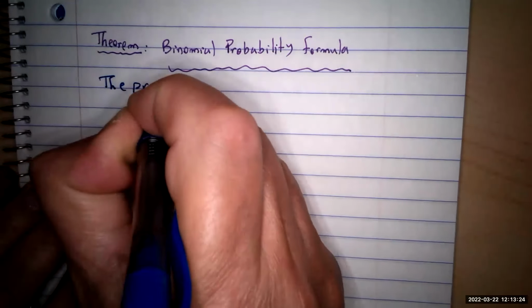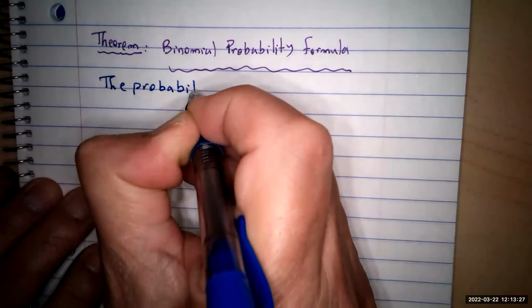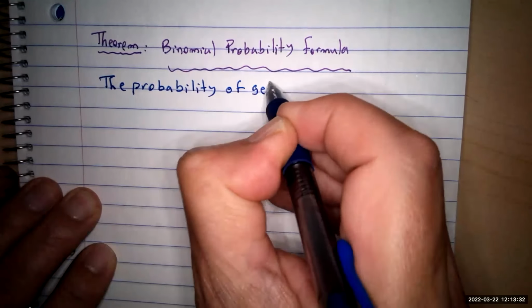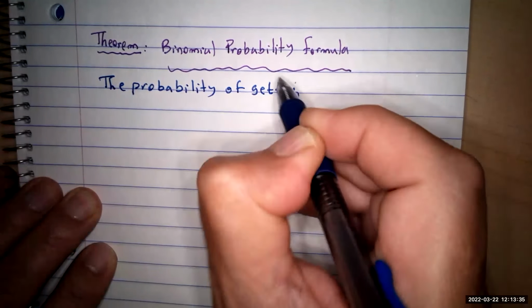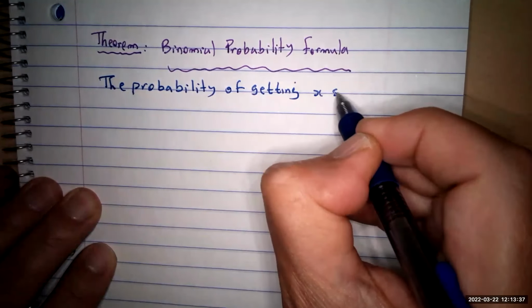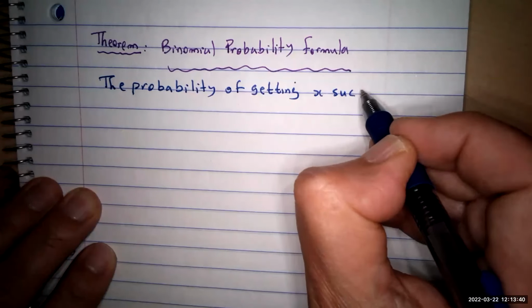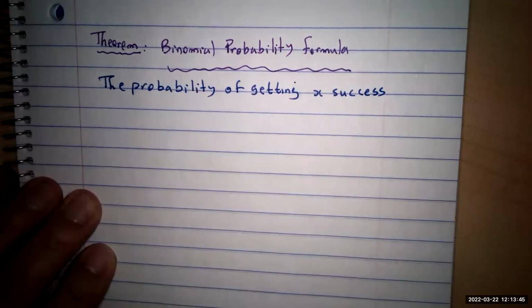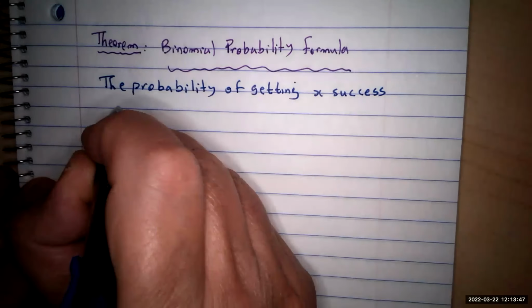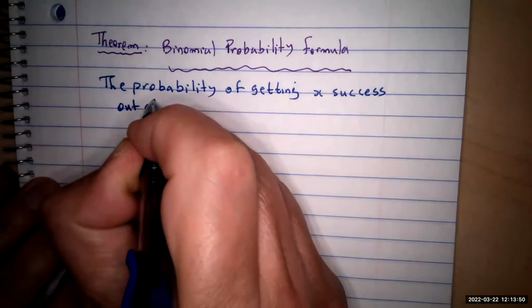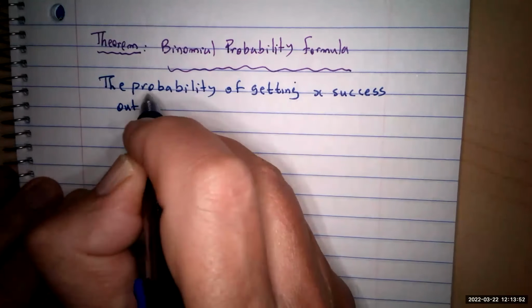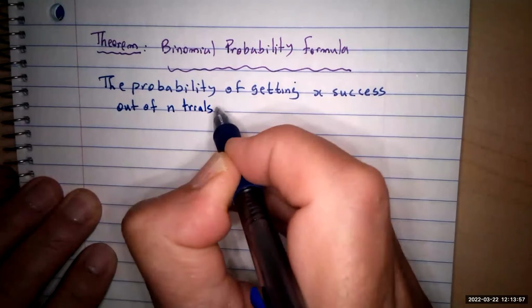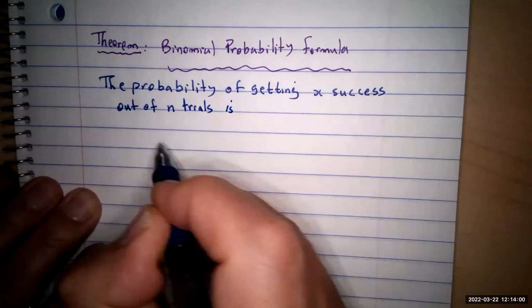The probability of getting X, very bad notation for X, but I just use it for your book. The probability of getting X successes out of N trials is this formula.